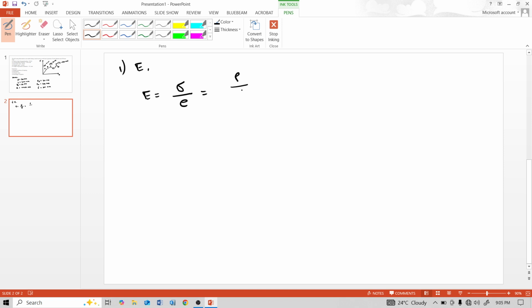Stress is load upon area and strain is change in length upon original length, so E is P by A multiplied by L by delta L. Hooke's law says stress is directly proportional to strain, and stress upon strain is constant, which is Young's modulus.